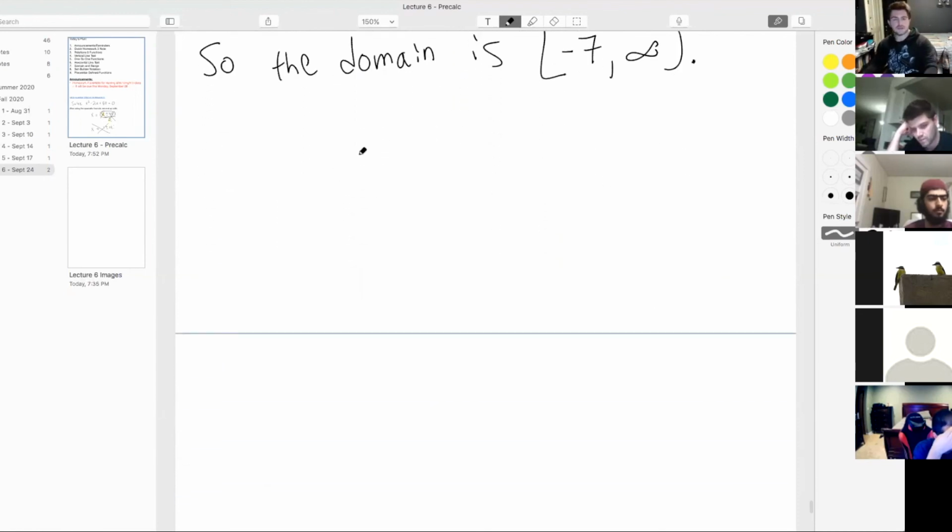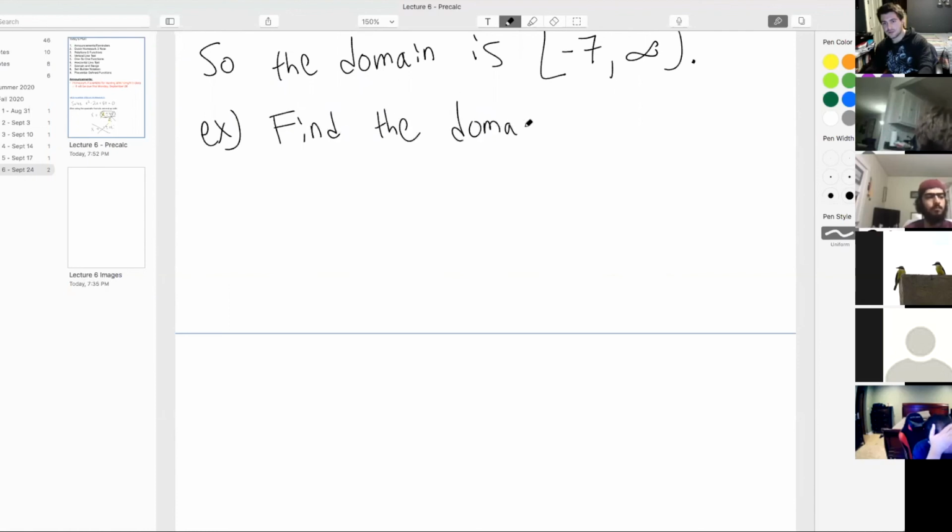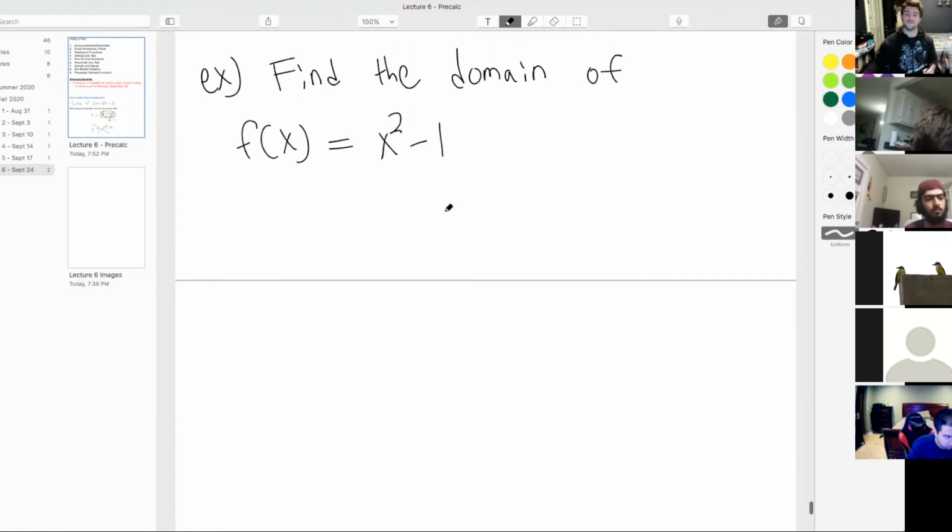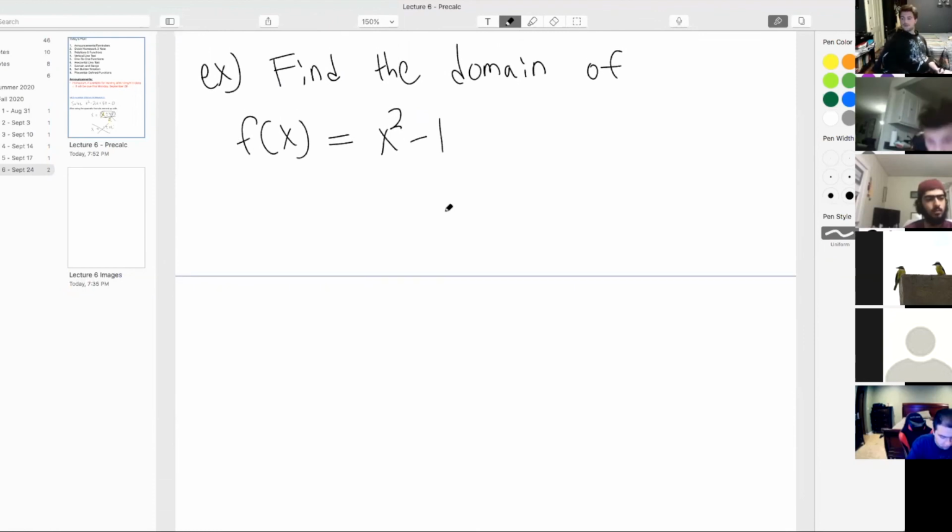Here's another example. Find the domain of f of x equals x squared minus 1. We need to check for dividing by 0 and for taking the square root of a negative number.